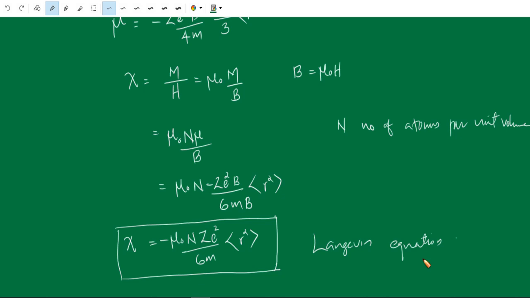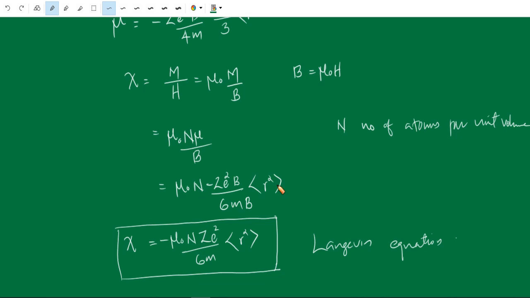If there are n atoms per unit volume of the specimen, the total magnetization M is equal to n times mu. Therefore, the total magnetic susceptibility chi is equal to M by H, which is mu 0 n mu divided by B. If you substitute the value of mu, you get chi equal to minus mu 0 n Z e square divided by 6m into mean r square.